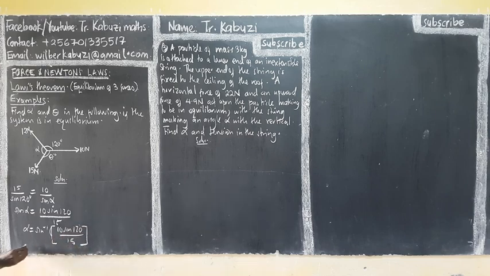Then I get my alpha, so this will be 35.26 degrees. And I think you can easily get this theta here.